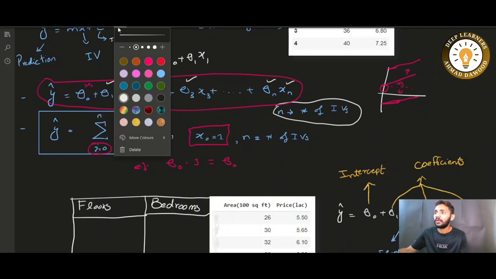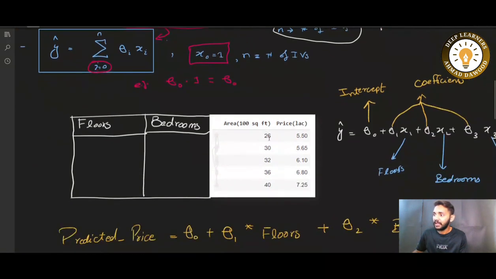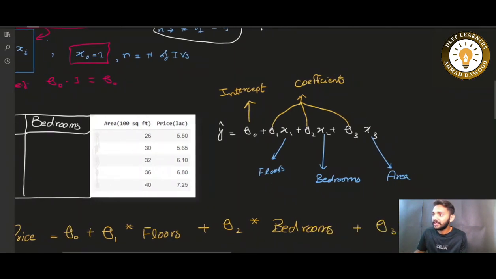Now let's say that instead of one independent variable, area, we have a dataset like this, in which we also have floors and bedrooms. So there we have three independent variables. How can we write the equation for that? It's simple.